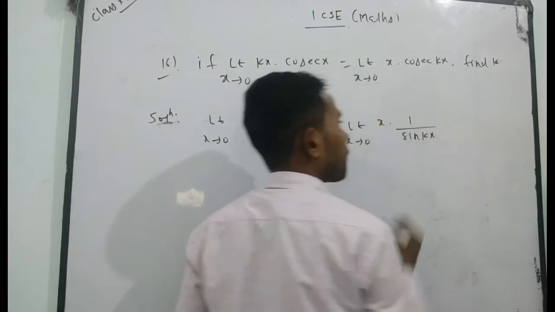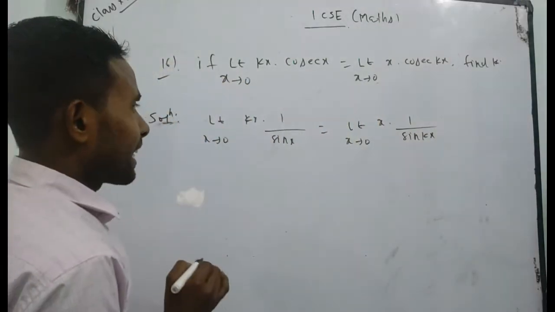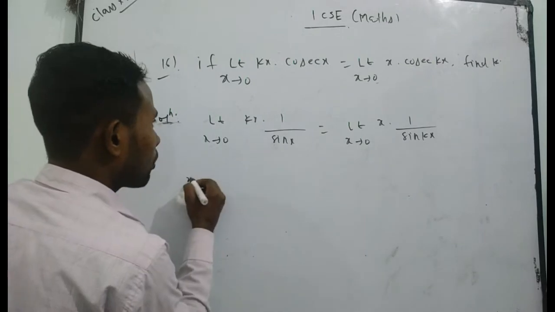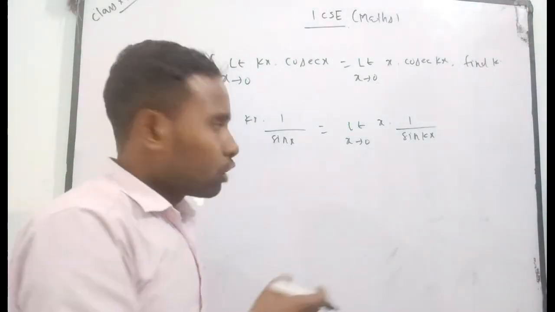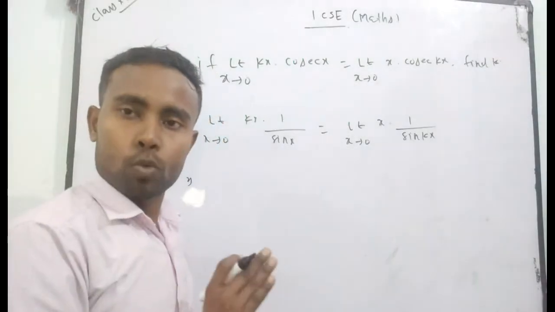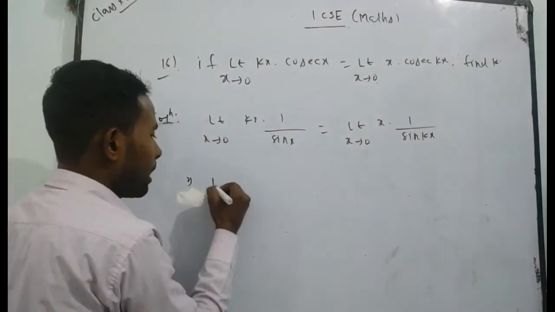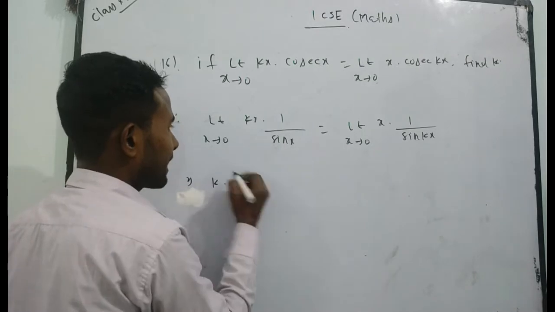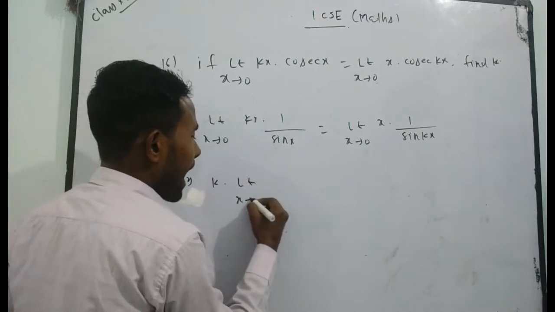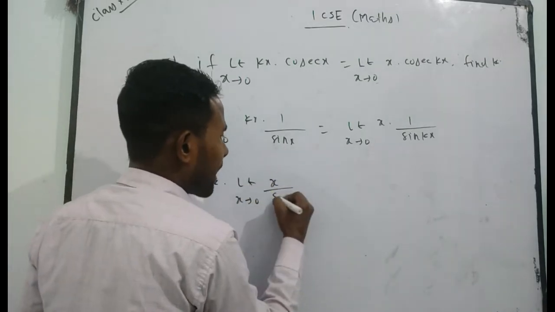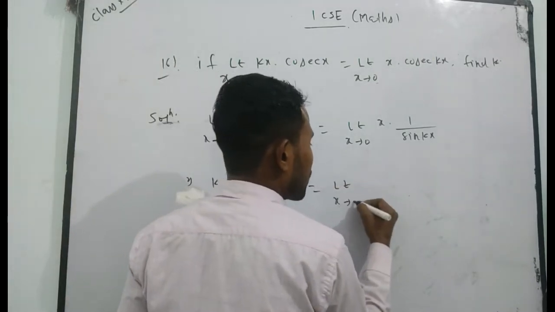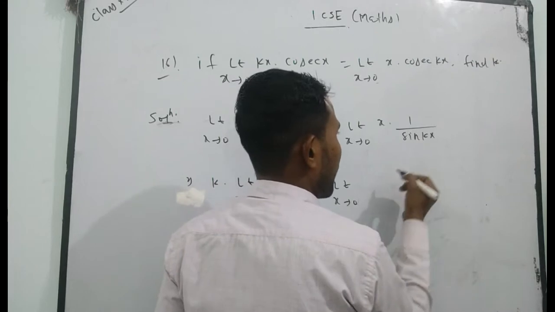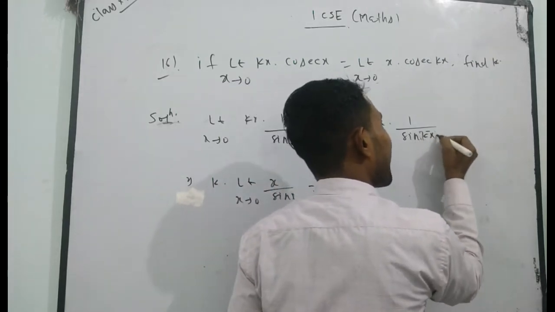I think you understand. Again, I want to tell you that here k is a constant. You can take it common from the limit. So I want to write k times limit x tends to 0 of x by sin x, and here there is the given angle kx.